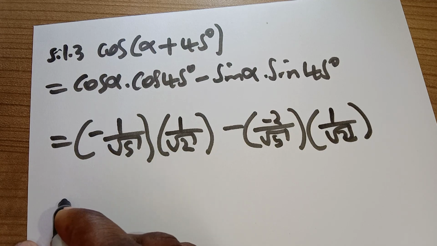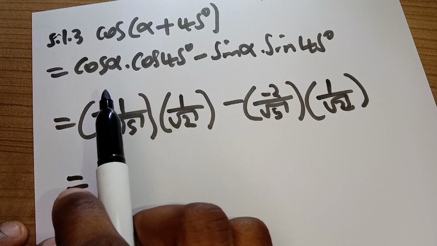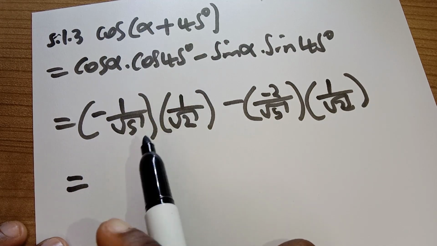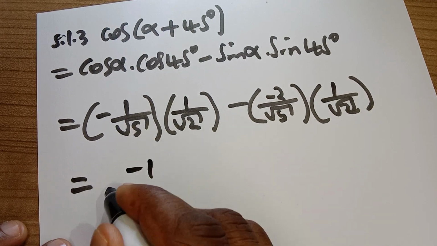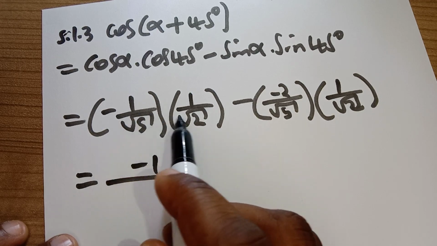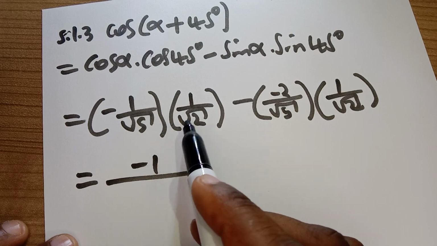Then we're going to try to simplify. In this case, numerator multiplies numerator, denominator multiplies denominator. -1 multiplied by 1, we get -1. Then here we're going to have square root of 5 multiplying the square root of 2.